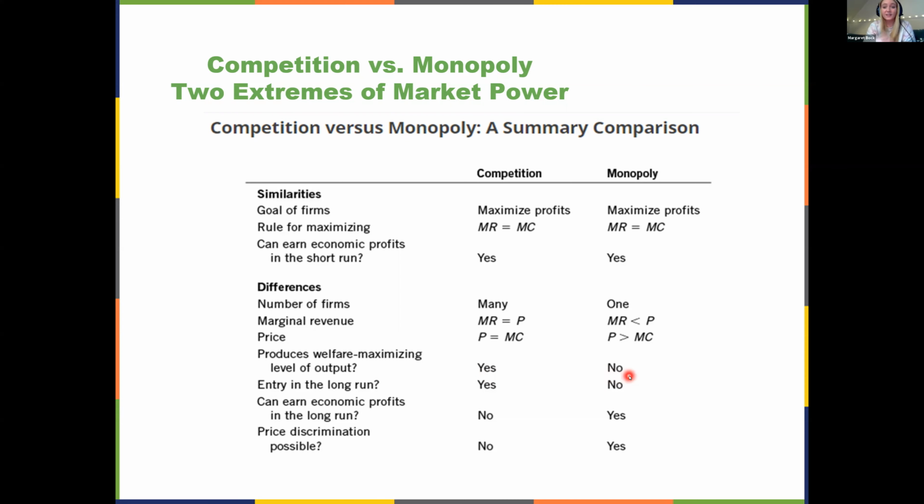In other words, the quantity that the monopolist chooses creates what we discussed in the video, a deadweight loss. So this basically means that the size of the economic pie shrinks for both consumers and producers when the monopoly chooses the quantity. This is not the case in perfect competition. Perfect competition maximizes the total surplus or the total welfare of both consumers and producers.